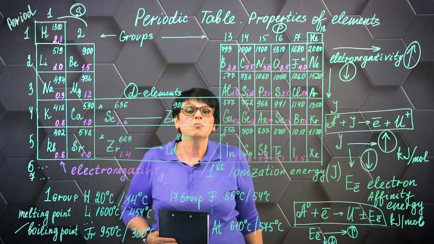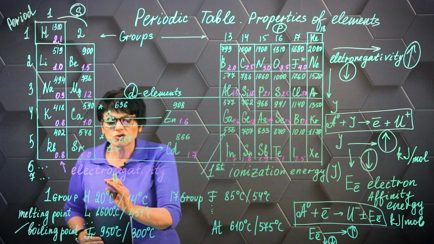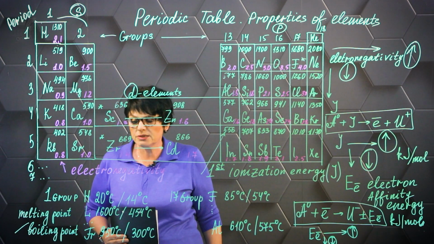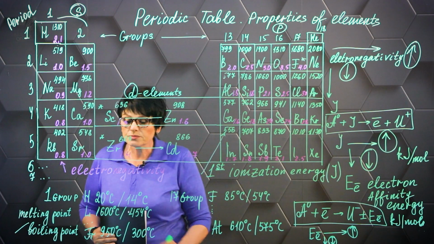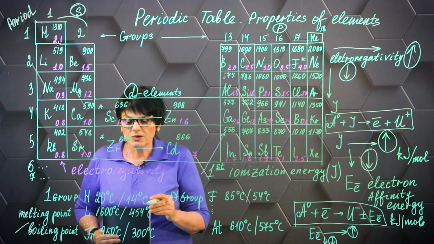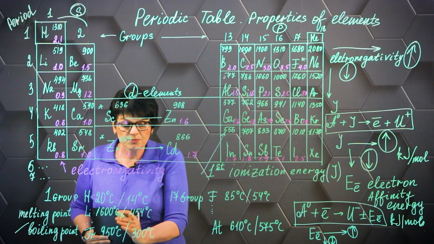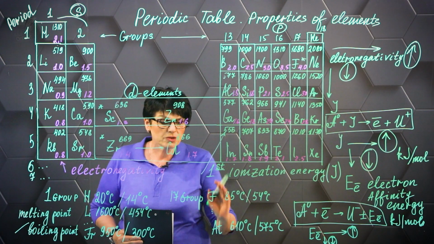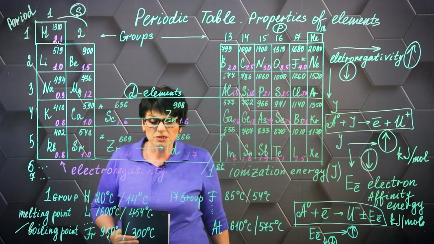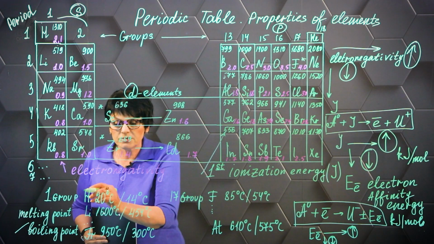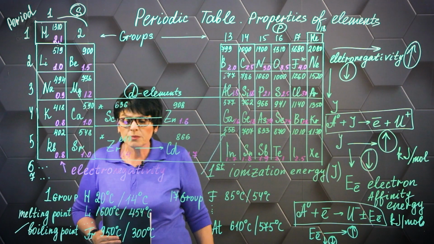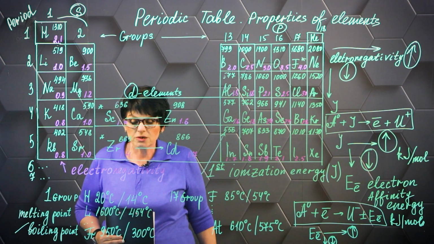Well, and here I have also given data on the characterization of melting and boiling points. The melting temperatures are given here for the first group, and boiling temperatures for the first group and also for the 17th group, so that we can see this pattern. Here I've given for the first group from hydrogen, lithium, and finally here stands francium.